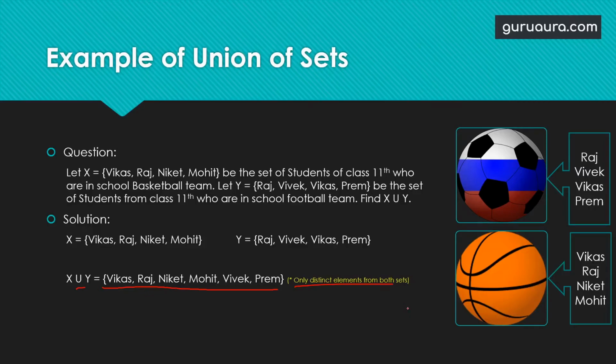So the elements which are repeated in both the sets, that is Vikash and Raj, will come only once. So I hope the union of sets is now clear to you.